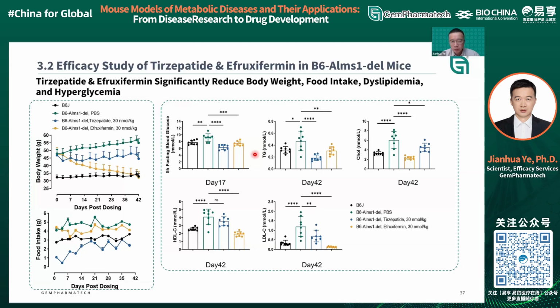So it is the same with the triglyceride. The treatment reduced the triglyceride level, and also the cholesterol. The cholesterol level is reduced after the treatment of the two drugs. And it's the same with the HDL cholesterol and the LDL cholesterol.